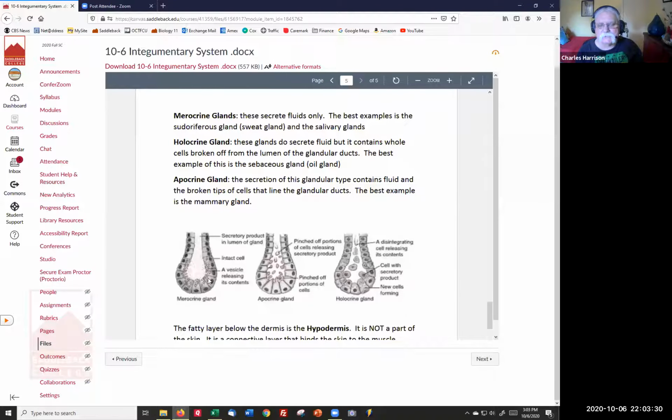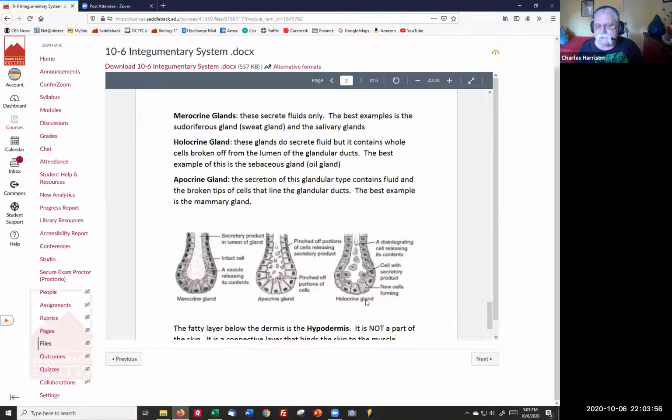That's shown down here. This is a pocket in a sweat gland, and it's only secreting fluid. A holocrine gland secretes fluid, but also whole cells broken off from inside the lumen of the glandular duct.